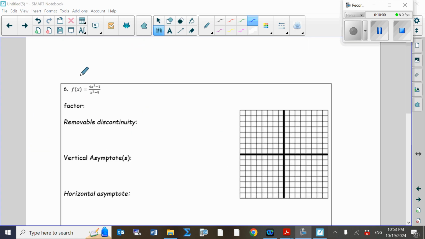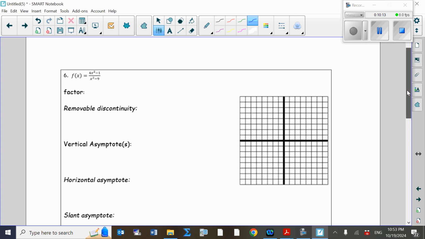Okay, now we're going to look at question number 6, and we want to graph this function. In order to graph, first we need to factor. Look at the polynomials on top and the bottom. They are not trinomials, they are not 3 terms. They are both 2 terms, and they are all perfect squares.